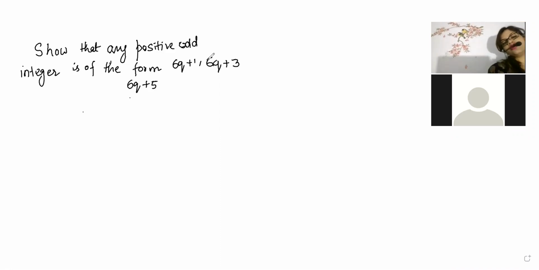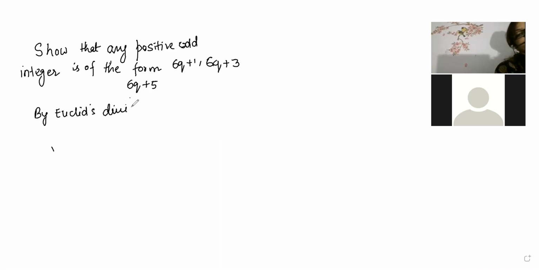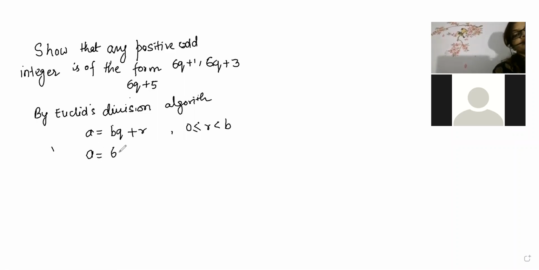What did I tell my children? The very important point is the algorithm. Using Euclid's division algorithm, that is A is equal to BQ plus R, where R must lie between 0 and B. Here B will become 6, and R must lie between 0 and 6.